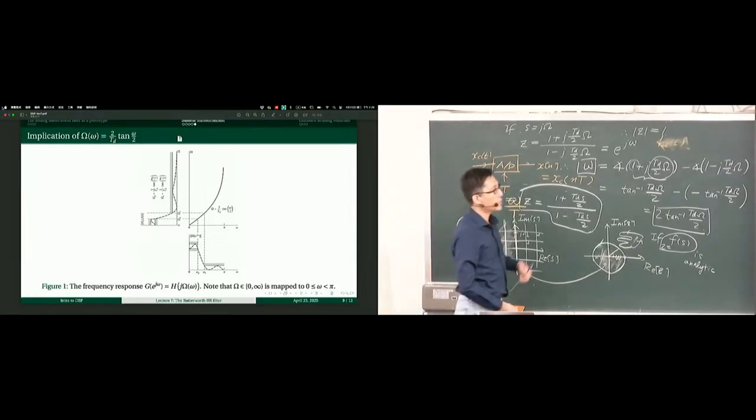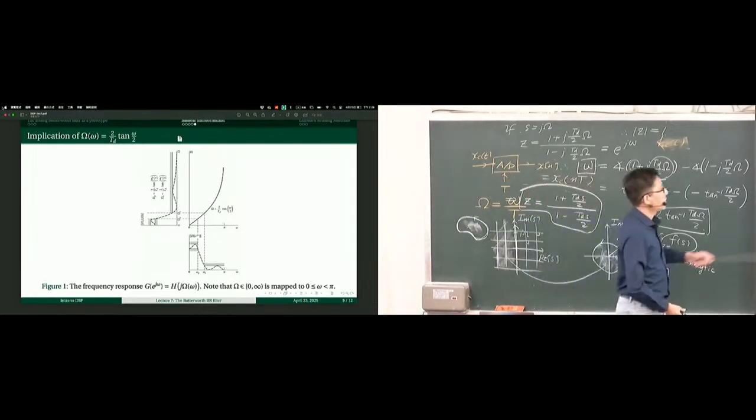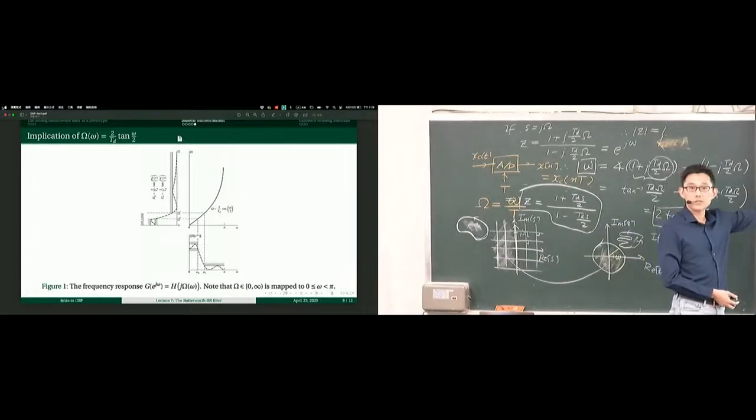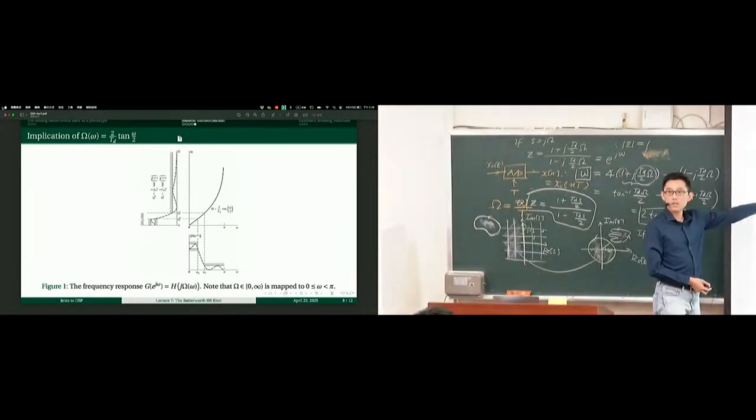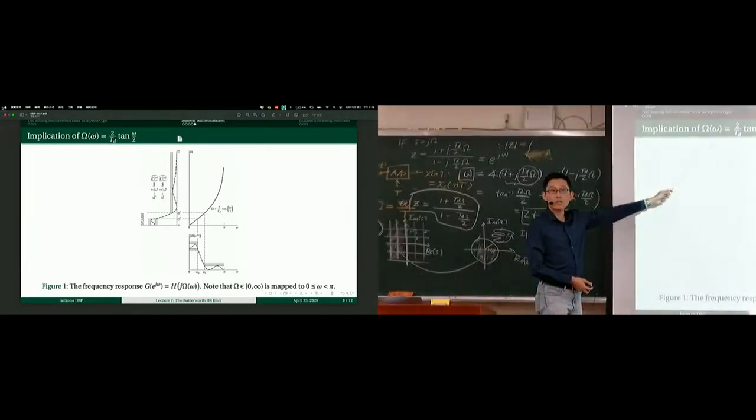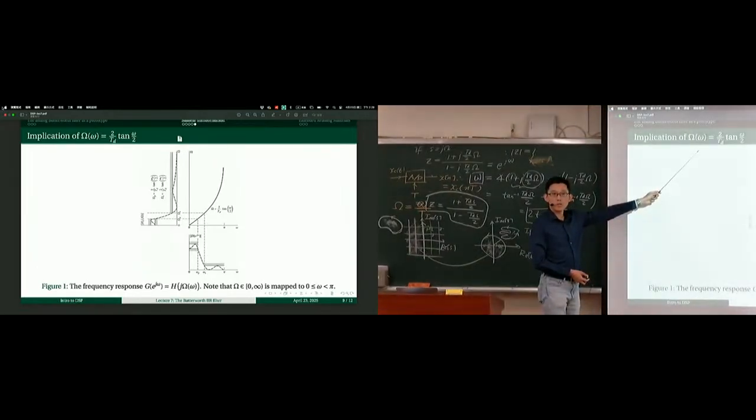But now we have a different relation because the context is different. Now we are designing a filter by borrowing an analog prototype. We are not talking about sampling, so it's not surprising that we have a different relation. It's still using the same variables, the same notation, but the context is different.